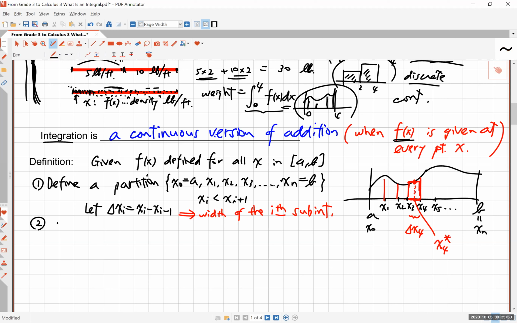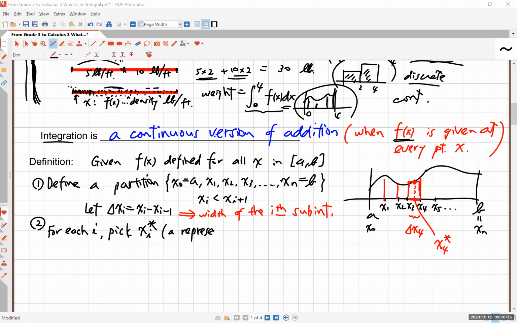So let me describe what I'm saying here. For each i, or for each subinterval, pick xi star. This is basically a representative. We are picking a representative from each subinterval, sort of like what we do in November in the election.